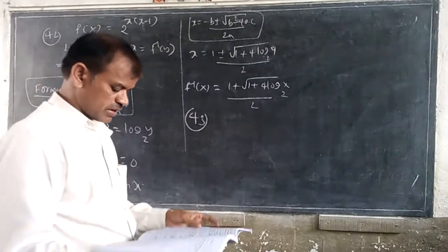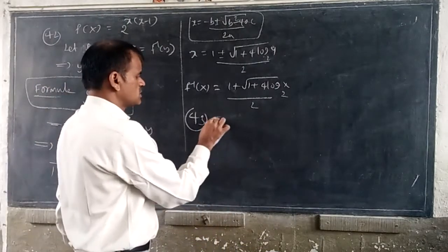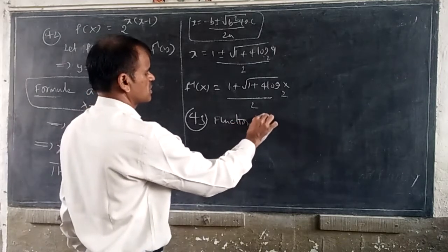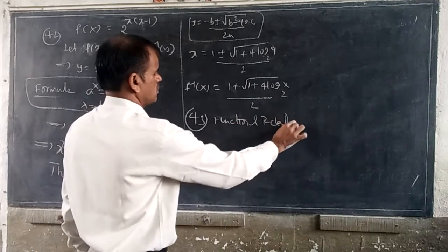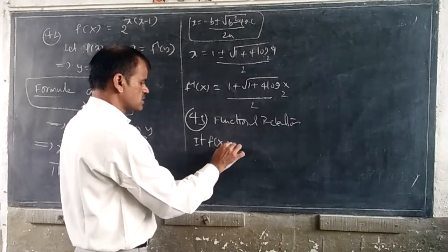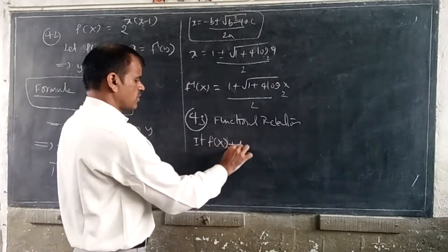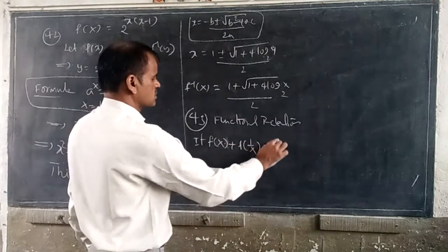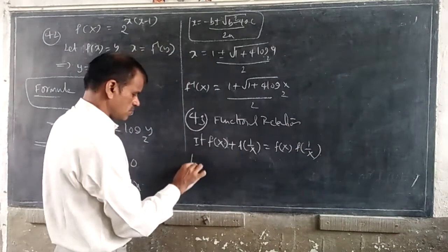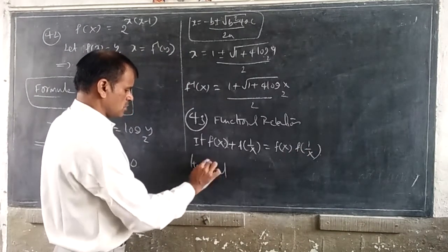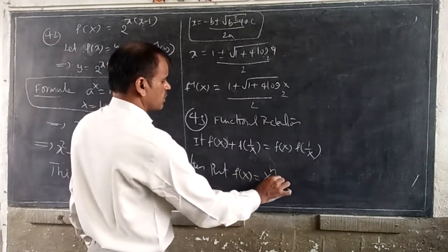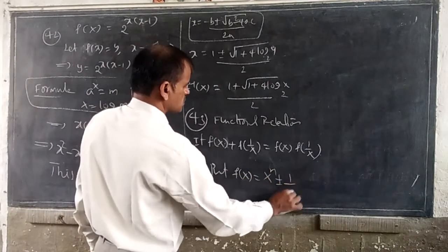Already I said in trigonometry also, this is called a functional relation. Let us write the functional relation. If f of x plus f of 1 by x is equal to f of x into f of 1 by x, then put f of x is equal to x power n, plus or minus 1.